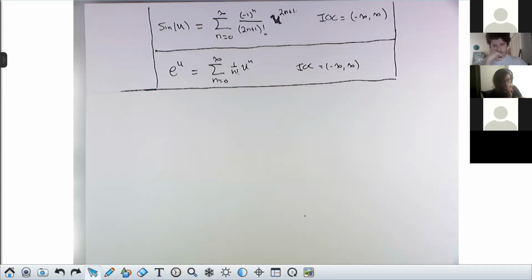Do we take a derivative of the sine power series? Yes, very good. If I differentiate this, sine becomes cosine, right?